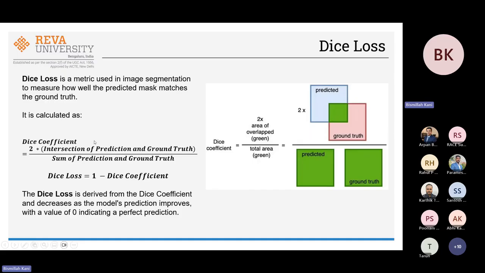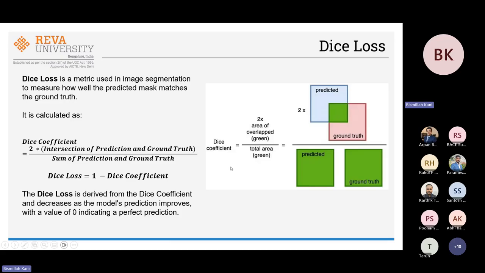If your dice coefficient is 1, it means a perfectly overlapped mask. It's similar to a bounding box, but instead of taking the XY coordinates, here they take the count of pixels.